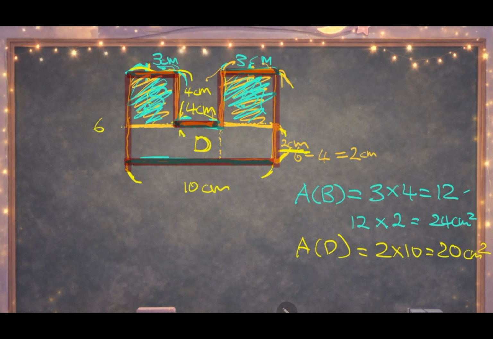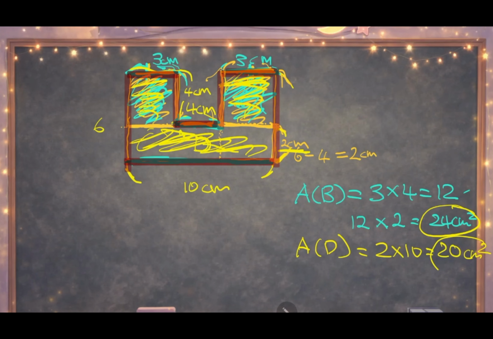Now, to calculate the total area, we add 24 and 20. And that gives us 44 centimeters squared.